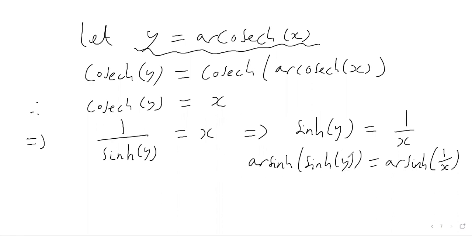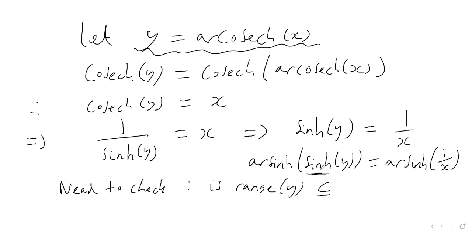So we need to check whether all of the potential y values are contained within the domain of this sinh function. In other words, is the range of this y function contained within the range of this arsinh function? So we need to check: is the range of y a subset of the domain of the sinh function?